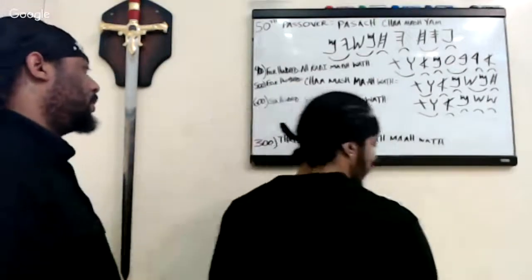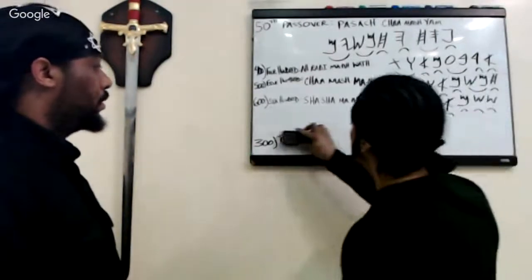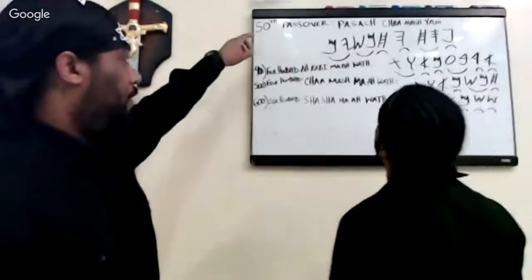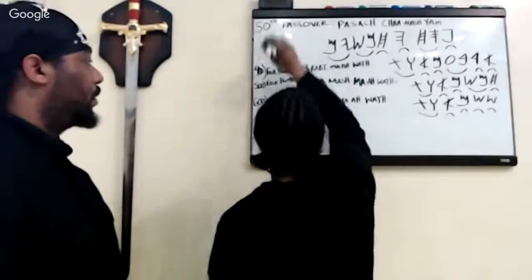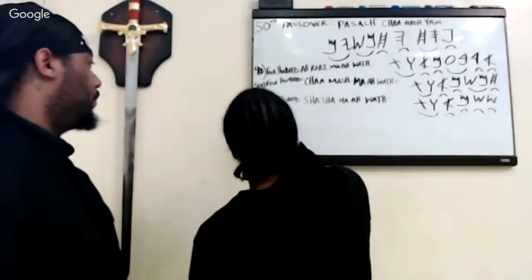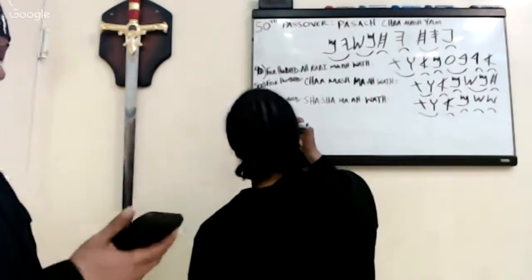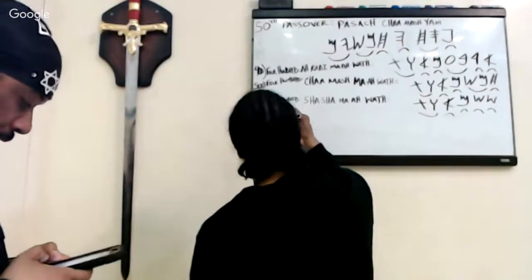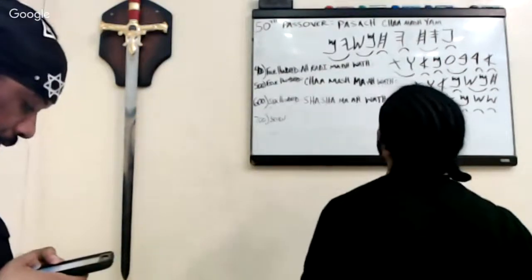We could erase the 300. Erase the 300. Okay. Let's keep it on there. Let's put the eraser on top of the board so we can learn better. How do we say 7 in Hebrew? 7, let's recap. What's number 7 in Hebrew? Shabbat.